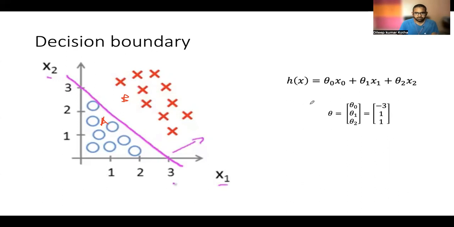Applying that here, putting these values into the equation and making it greater than or equal to 0 results in x1 plus x2 greater than or equal to 3, and otherwise x1 plus x2 is less than 3. The first one indicates it belongs to class B. This indicates it belongs to class A.